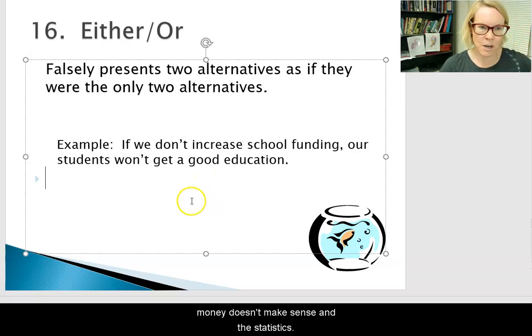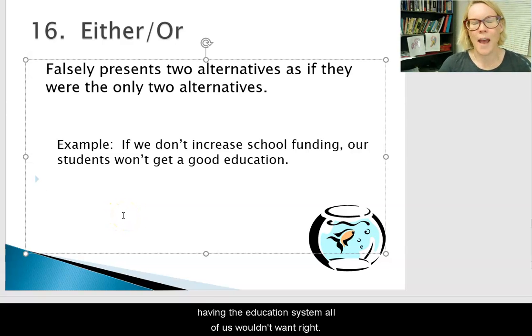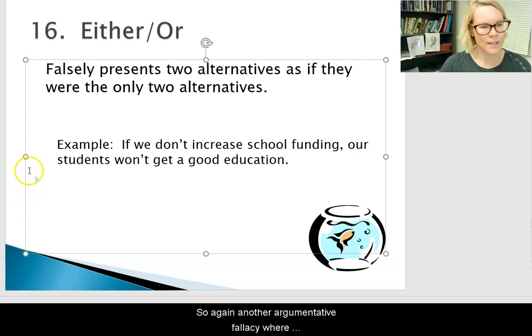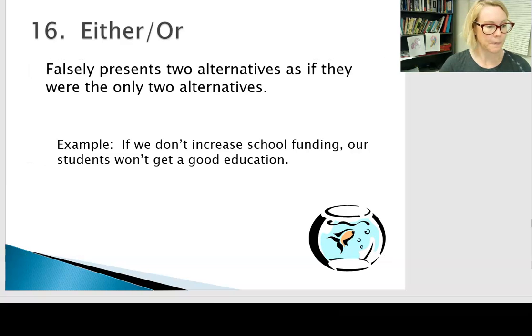And the statistics bear that out. We've been increasing school funding since the 1970s, but not necessarily having the education system all of us would want, right? So again, another argumentative fallacy where we need to see the evidence before we accept the claim.